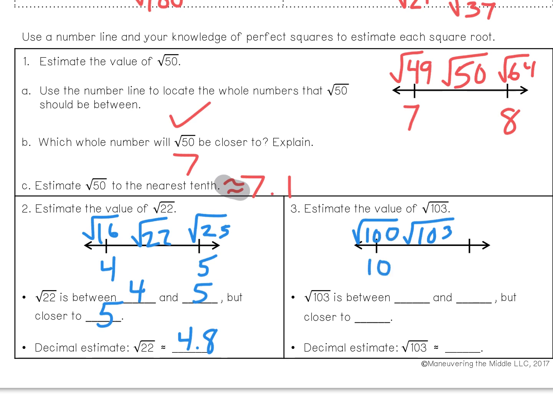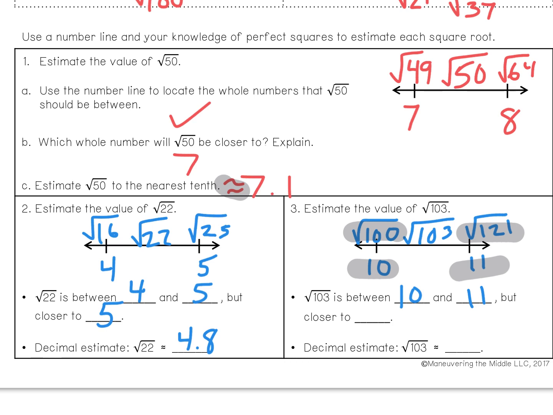Okay, and then Alexis, what about the next one higher? 121, which is 11. So once again, these two numbers here, you can get those from your notes from last time. So it's between 10 and 11.